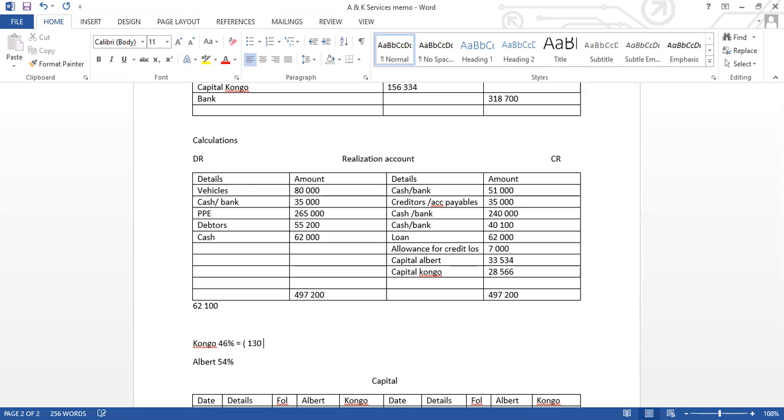So 130,400, and then you divide it by the total amount of their capital. You understand? The total amount of their capital is 152,400 plus 130,400. So how much will that give us?